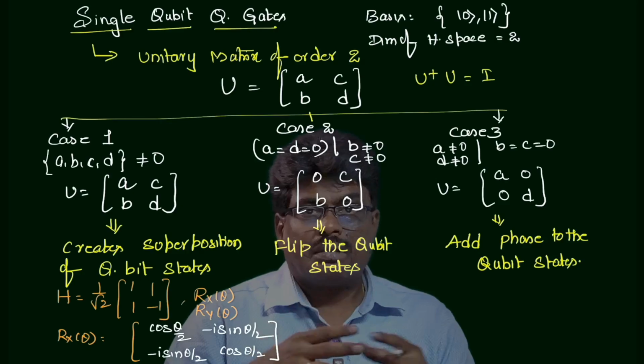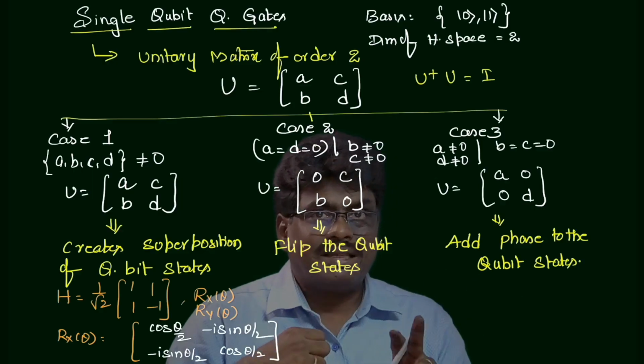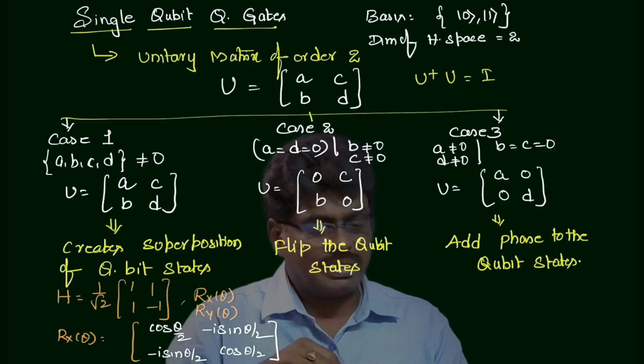And Ry of theta is cos theta by 2, minus sin theta by 2, and the next element is sin theta by 2, and the last element is cos theta by 2.